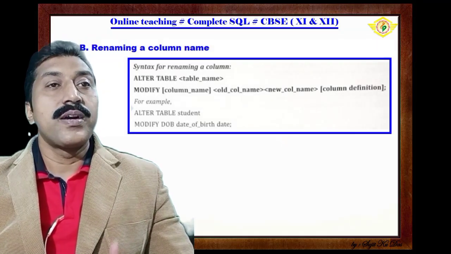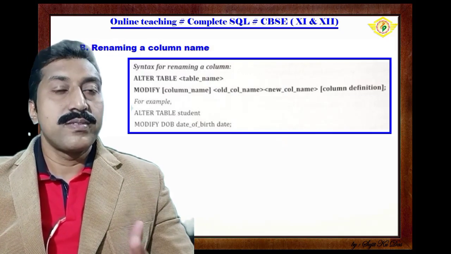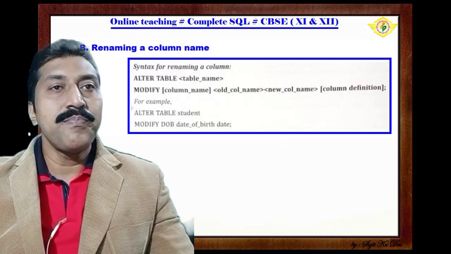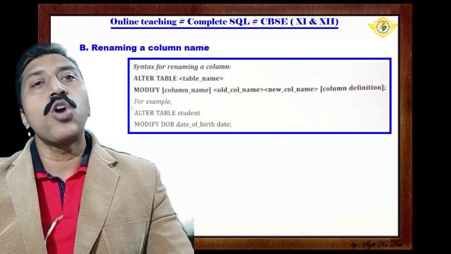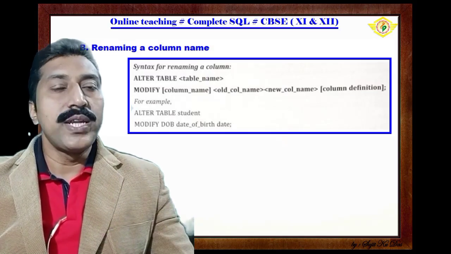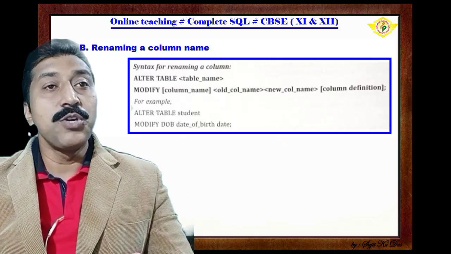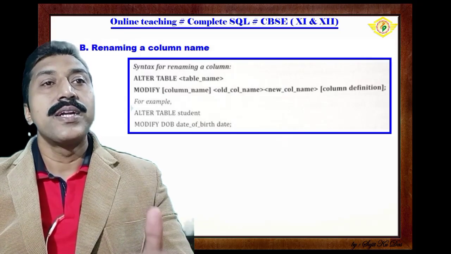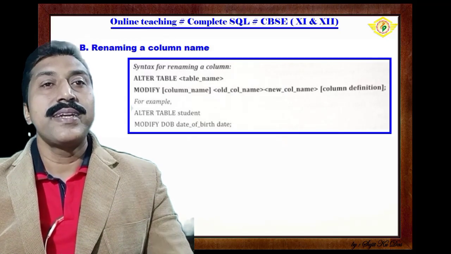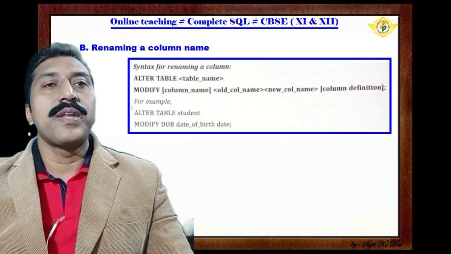Renaming a column name. Renaming a column of a table means we can give it a new name. Syntax: ALTER TABLE table name MODIFY old column name, then new column name, then if you want, give some column definitions also. Example: ALTER TABLE student MODIFY DOB date_of_birth date. Date_of_birth is the new column name and DOB is the old column name.